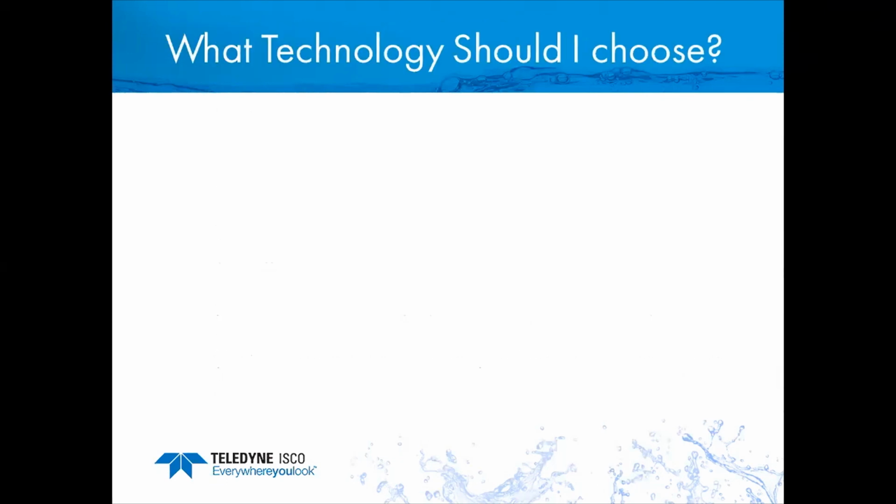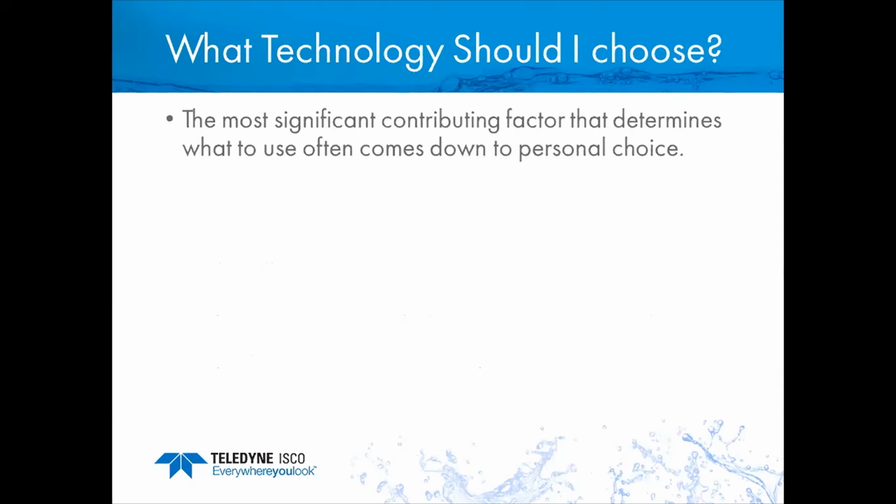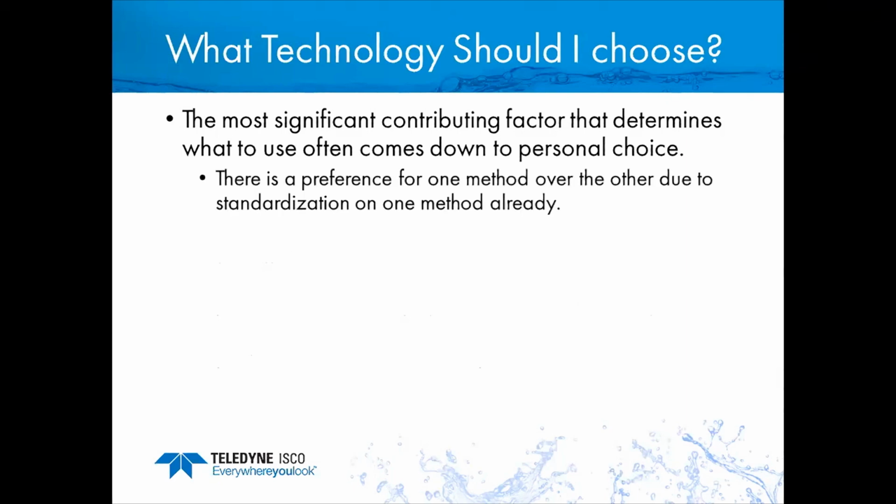So what technology should I choose? The most significant contributing factor that determines what to use often comes down to personal choice. A given user, a given regulatory agency, a given industry may have a preference of one method over the other due to standardization on one method over the other.